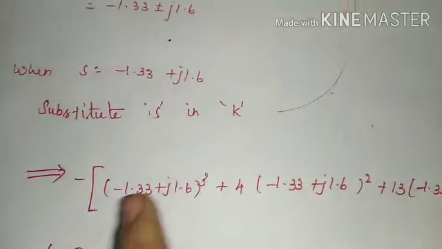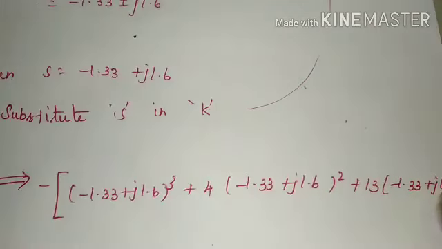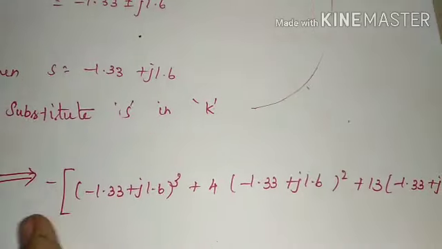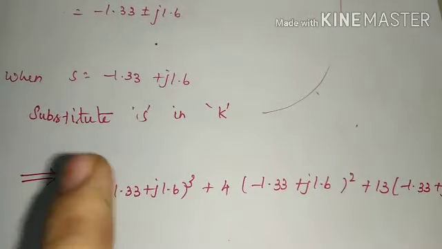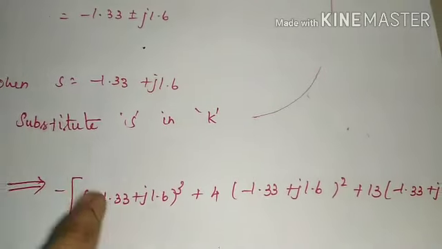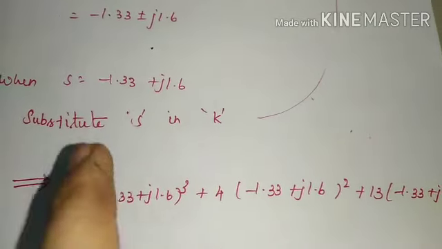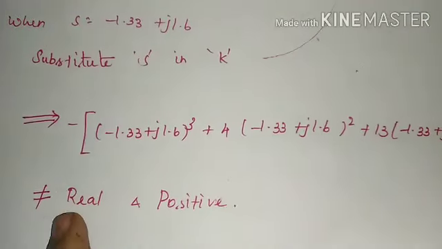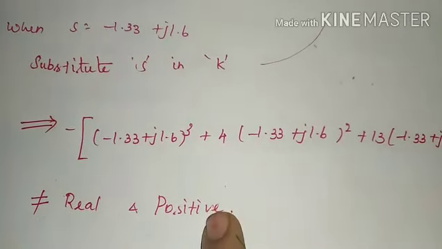See, here we are having one imaginary term, so I just substituted this imaginary term as the s value. So surely it won't be a real value. It will be imaginary. It may be positive or negative, but it should be an imaginary expression. So the value of k is not real and positive.